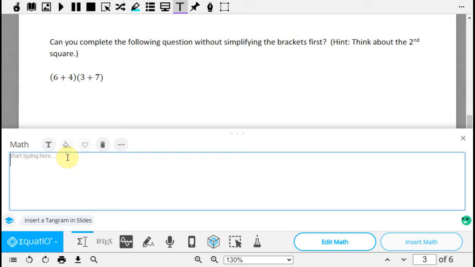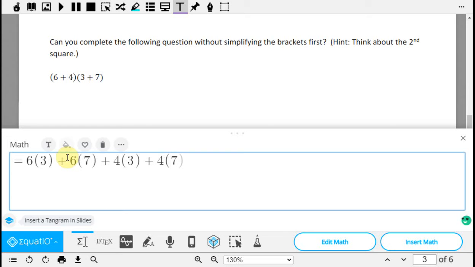So the next line would look like this. And I'm going to show all the steps first, and normally then we would calculate the values, but let's show what we're doing here as operations. 6 times 3 plus 6 times the 7 plus 4 times the 3 plus 4 times the 7.